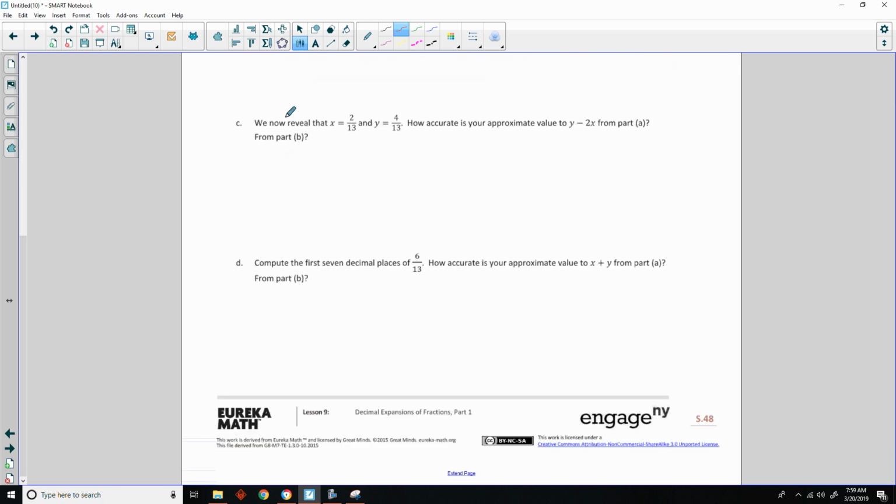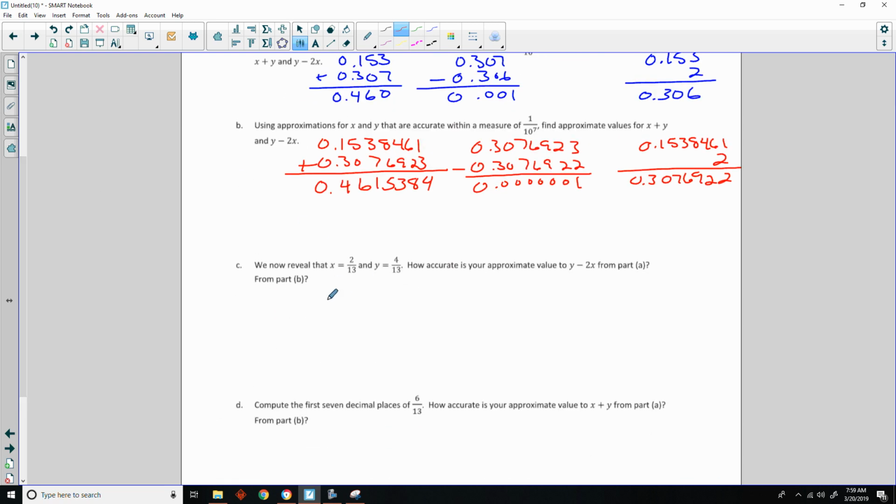Okay, C says we now reveal that x equals 2/13 and y is 4/13. How accurate is your approximate value to y minus 2x from part A and from part B? So now if I take y, 4/13 minus 2 of these, which is 4/13, since 2 over 13 times 2 over 1 is 4 over 13.